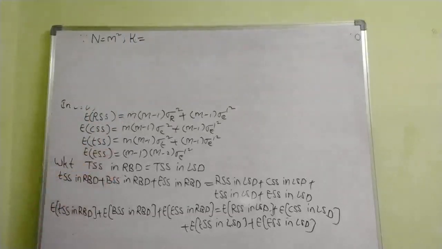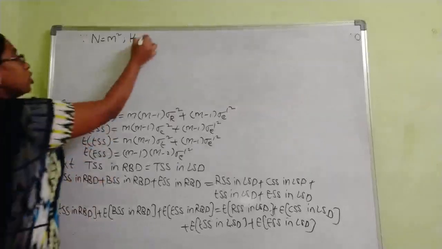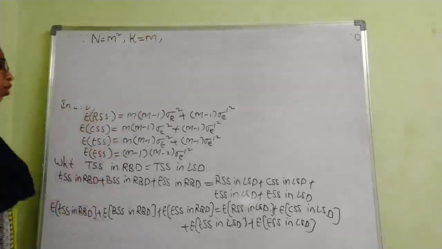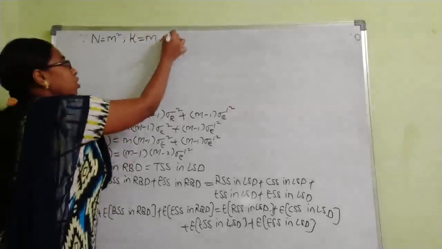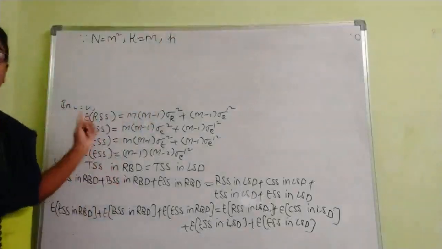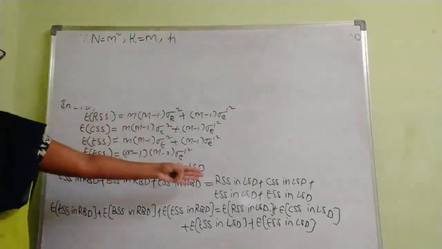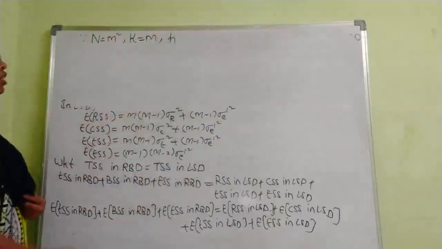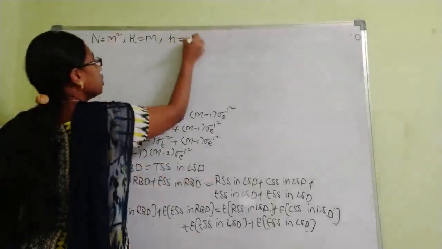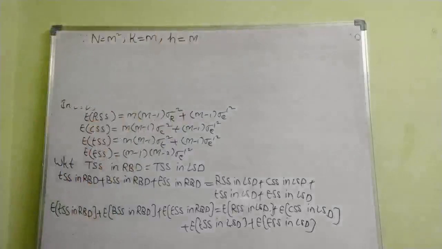What is the number of treatments in LSD? It is m, so k equals m. Next, h is the number of blocks in RBD. In LSD the number of blocks is denoted with m, so h is also equal to m. So n equals m square, k equals m and h equals m. By substituting those values, we write down now.